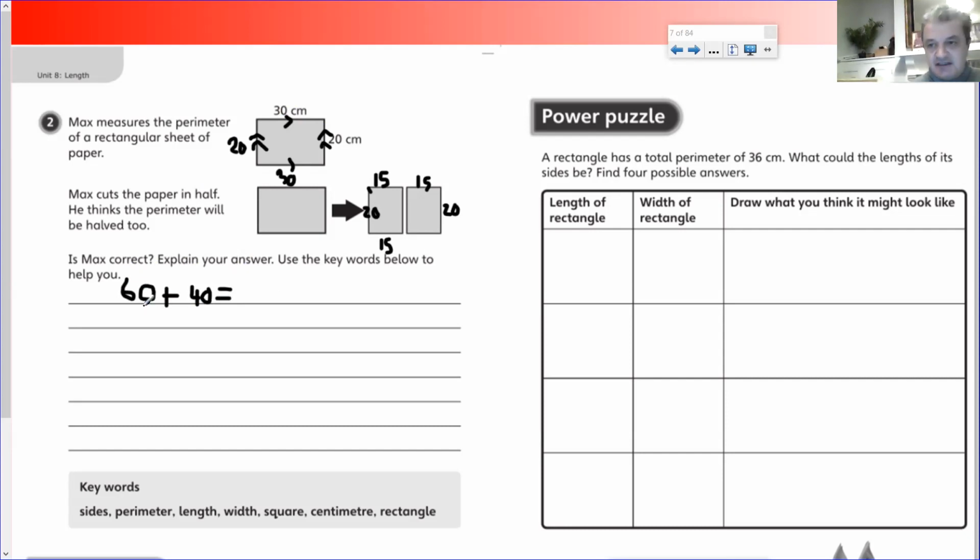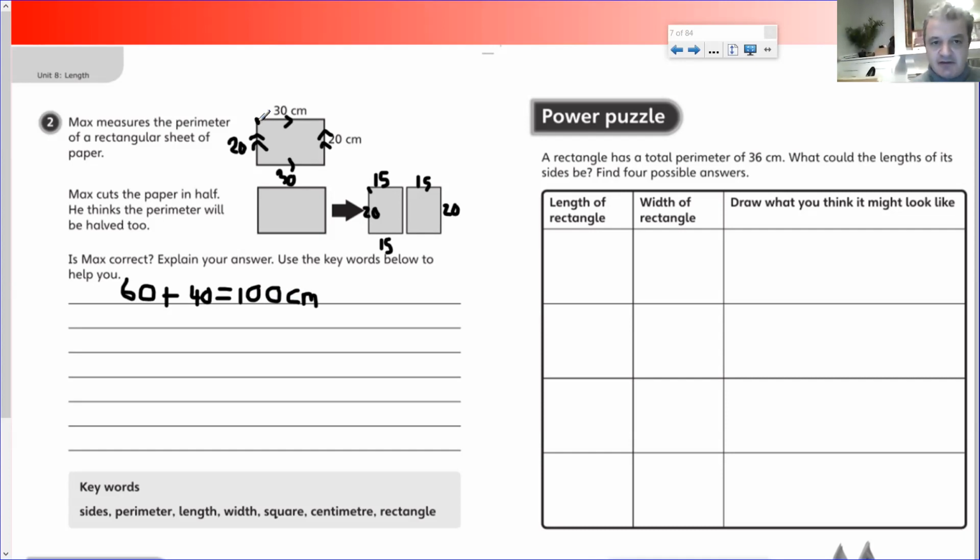6 add 4 is 10. Again, make it 10 times bigger. 10 times bigger would become 100. So we've got a perimeter of our original rectangle to be 100. We could have done it like this. As I always say, put a point here.